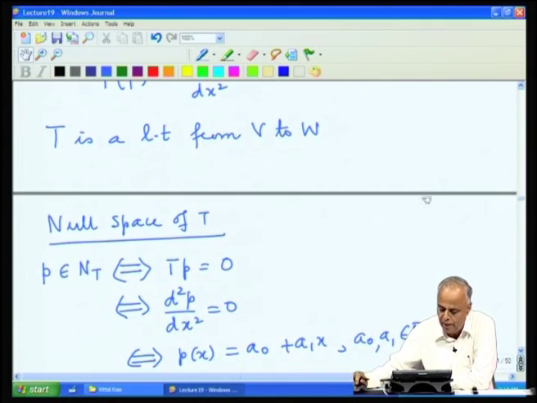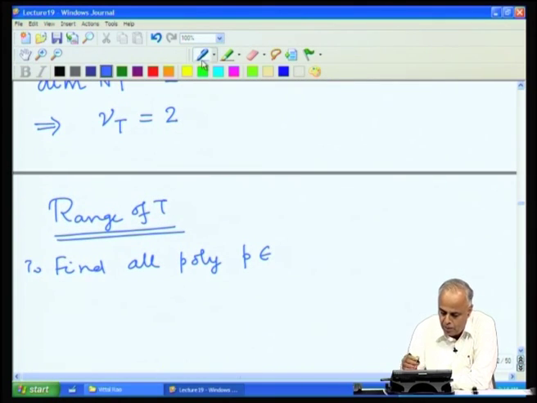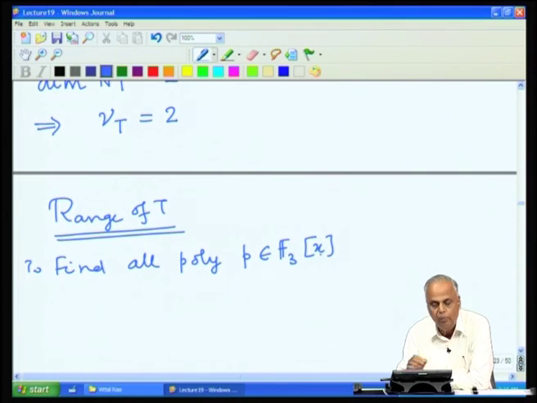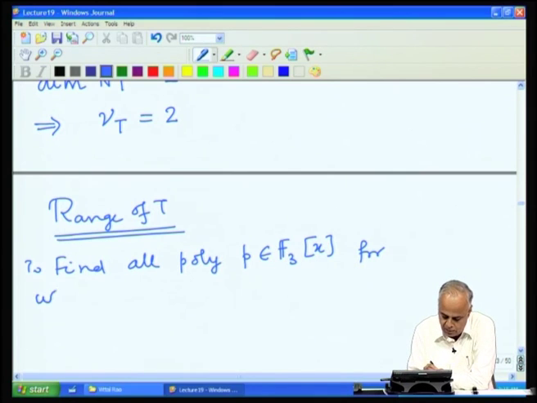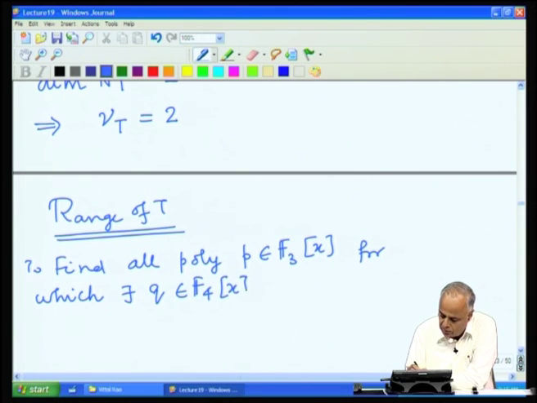So, we want to find all those polynomials in F3x, that means polynomials of degree less than or equal to 3, for which there is a pre-image, for which there exists a Q. The pre-image must be from V, and V is F4x in our case. Therefore, Q belonging to F4x such that TQ equals P.